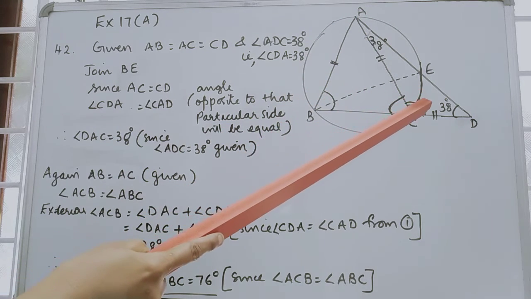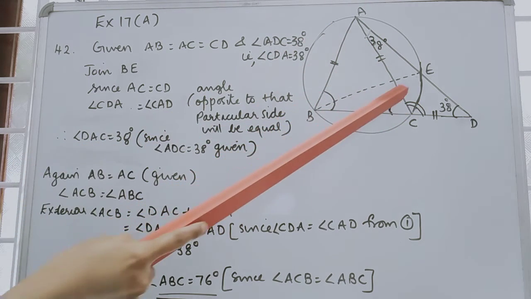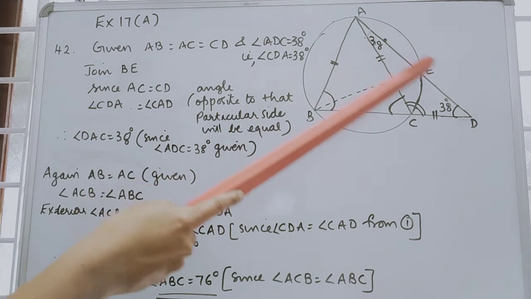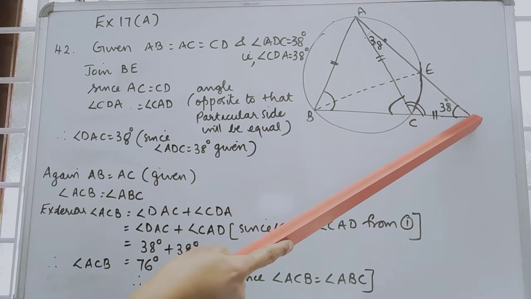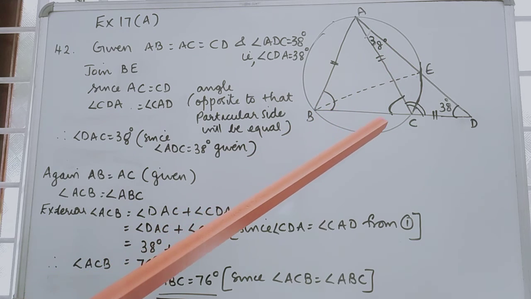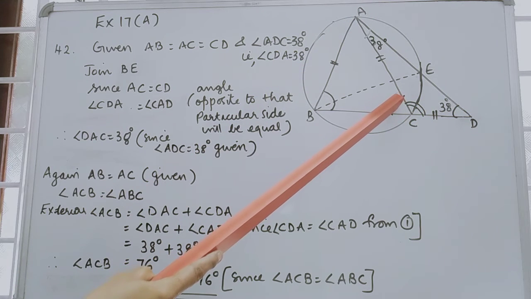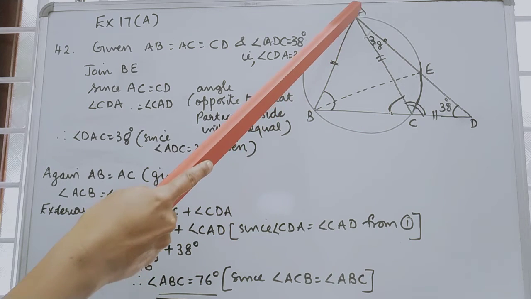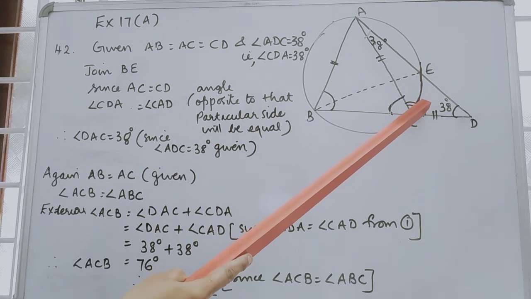Which exterior angle are we considering? ACB. Why? Because the opposite two interior angles are there in triangle ACD. So don't get confused. We are taking the exterior angle of triangle ACD. Already we discussed the exterior angle of ABC is ACD.